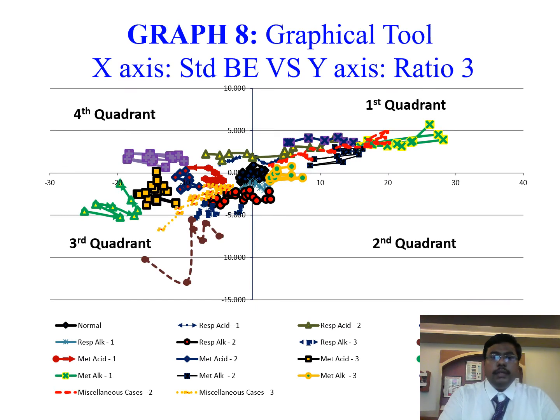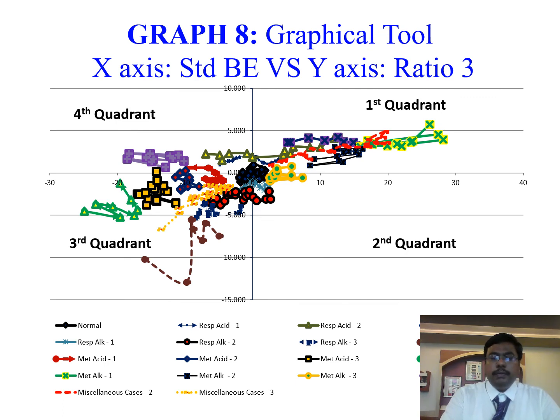And in graph 8, on the x-axis the standard base X value is taken, and on the y-axis ratio 3 is taken. The first quadrant, second quadrant, third quadrant, and fourth quadrant are clearly marked in the graph. Standard base X is taken on the x-axis. Normal values are from -2 to +2, more than +2 is metabolic alkalosis, less than -2 is metabolic acidosis.